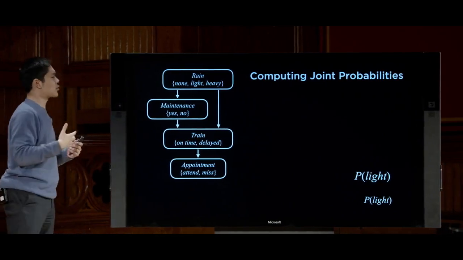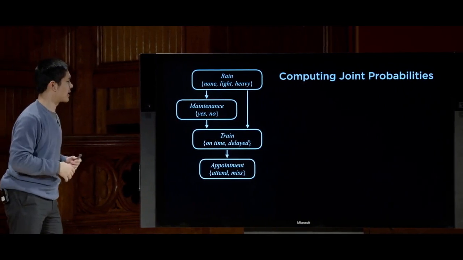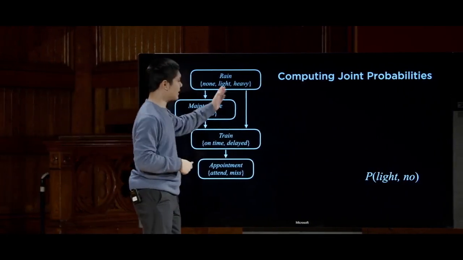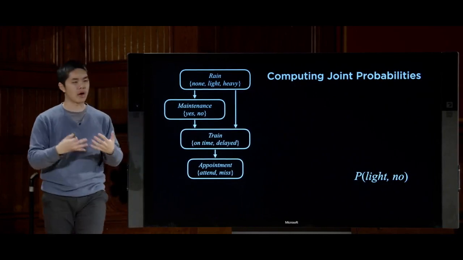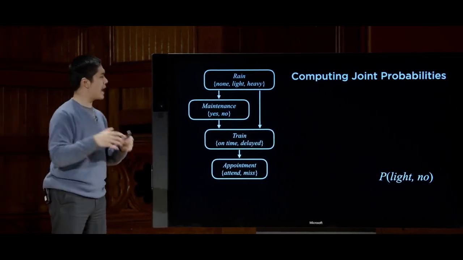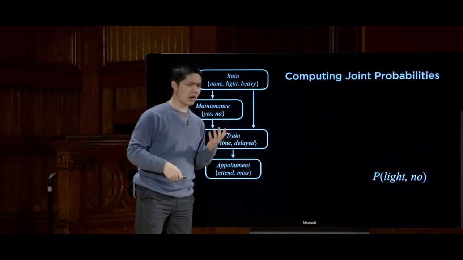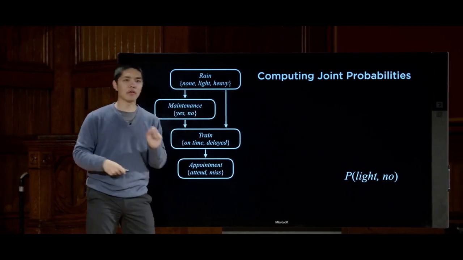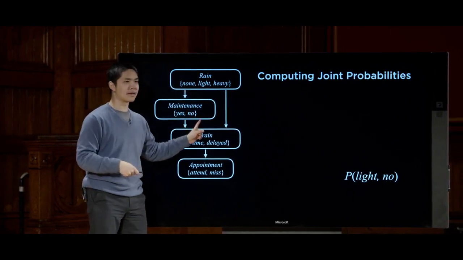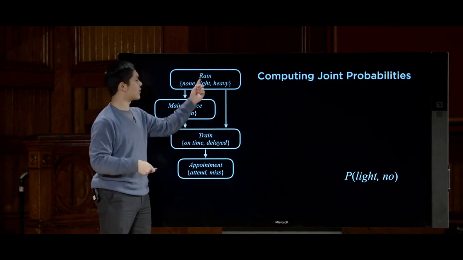But we could also imagine wanting to compute more complex joint probabilities, like the probability that there is light rain and also no track maintenance. This is a joint probability of two values, light rain and no track maintenance. And the way I might do that is first by saying, all right, well, let me get the probability of light rain. But now I also want the probability of no track maintenance. But of course, this node is dependent upon the value of rain.